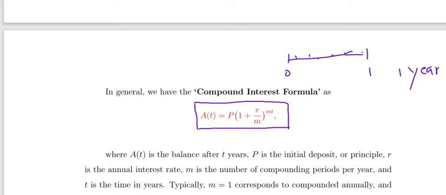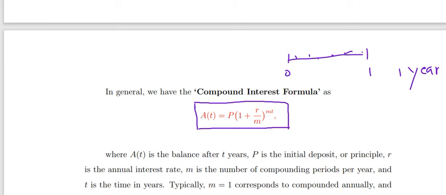We can also cut 1 year into 4 time periods, right? 4 parts. We call this compounded quarterly. Or if we count every day, then we split 1 year into 365 parts, right? 1 year equals 365 days.